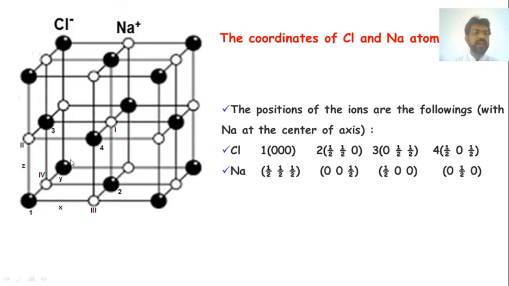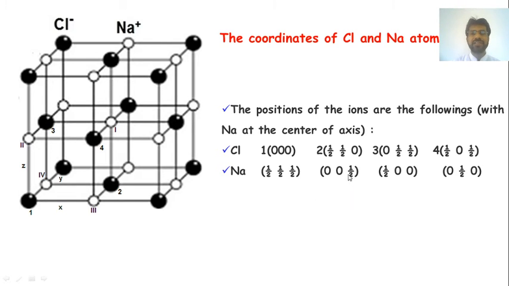Now the second Na plus atom, see here, it is along the yz axis. It is at the center of this edge of the unit cell, so its z coordinate is 1/2 and the x and y coordinates are 0.